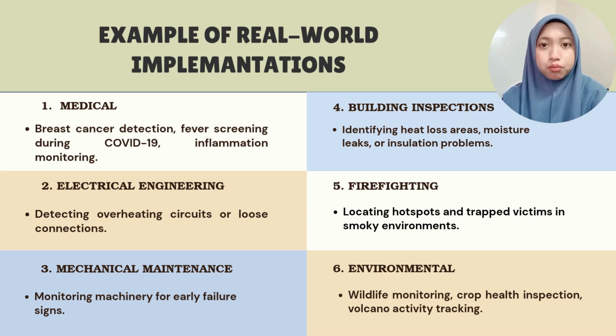Number three, mechanical maintenance. Thermography helps check machines to see if they might break soon. Number four, building inspection. Thermography works by finding heat leaks, water problems, or poor insulation in buildings. Number five, firefighting.